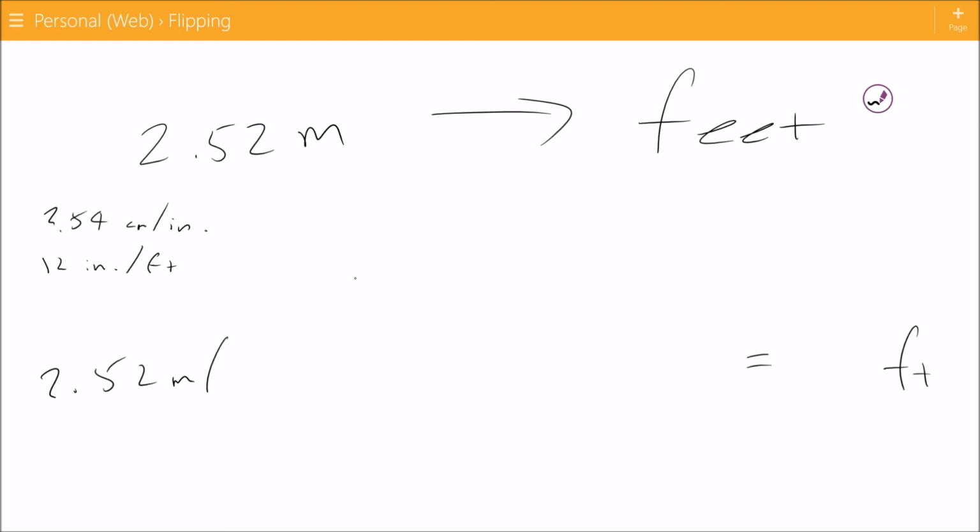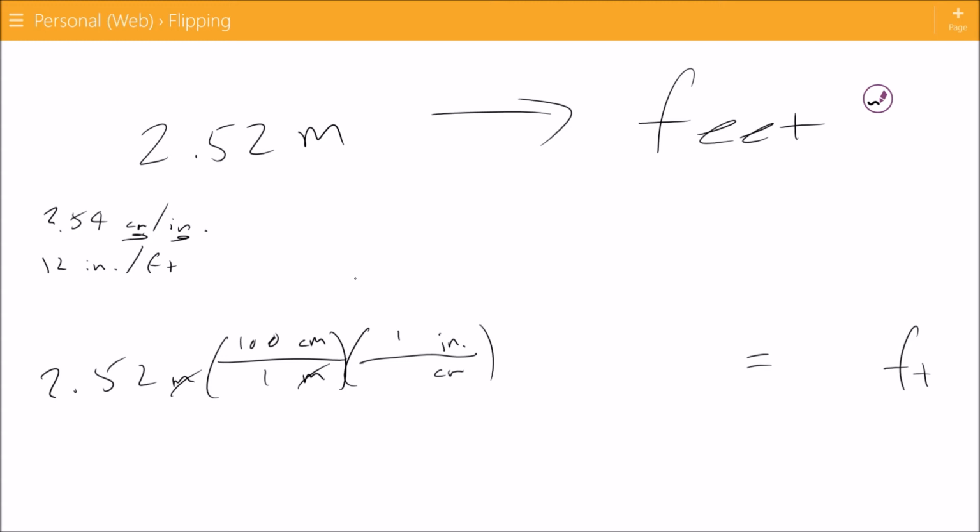Make sure you've got your unit there, and I know that I'm going to end up with something in feet. Well, let's start off. I've got centimeters up here, and I know I can do meters to centimeters, so I'm going to have centimeters on top, meters on the bottom. I know there's 100 centimeters for every 1 meter. My meters then cancel. I multiply that, I'm now in centimeters, I can go to inches. So I want to be in inches, so that's going to be on top, and centimeters will be on the bottom.